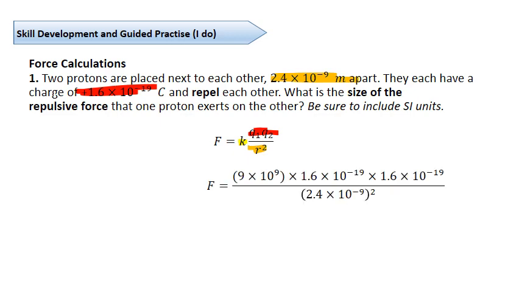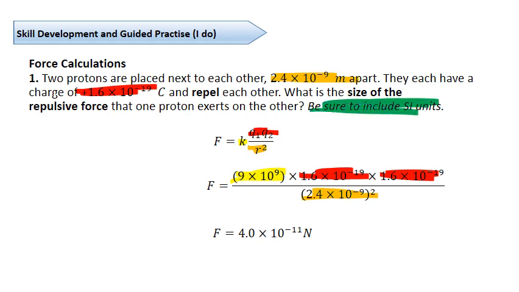Substituting in those values, we get 9 times 10 to the 9, we get our distance between them, and then we also get our charges. Both of them are the same. Putting that into a calculator, you should get force equals 4 times 10 to the negative 11. Now the question says, be sure to include SI units, and that's what I've done. Force is measured in newtons.